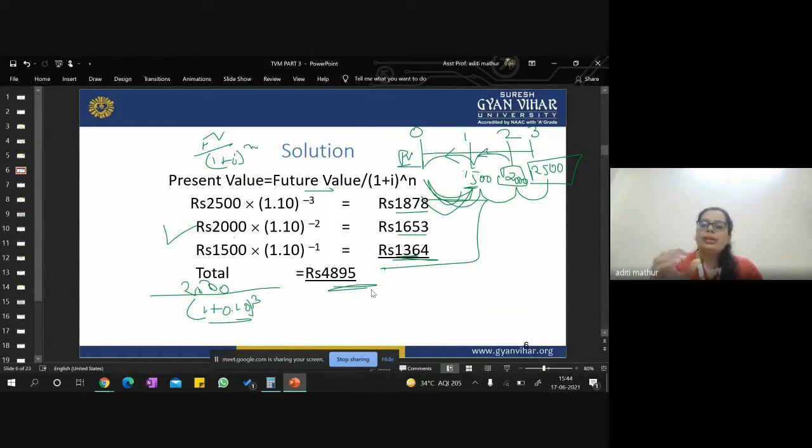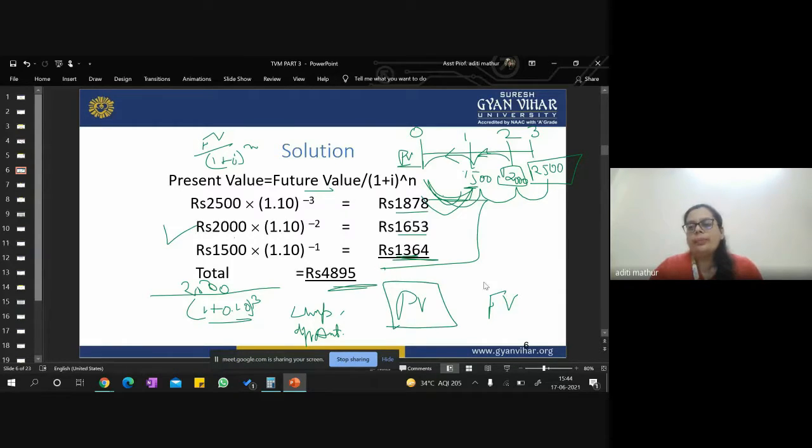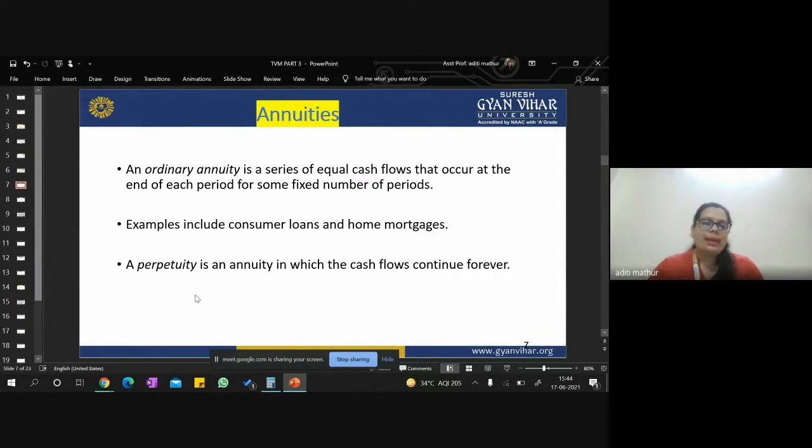So that's it for this part. For the calculation of present value and future value, whether you have a lump sum amount or different amounts, you have the same formula. There is no change in the formula; it is just how to implement it.